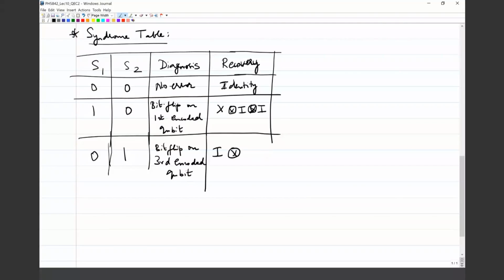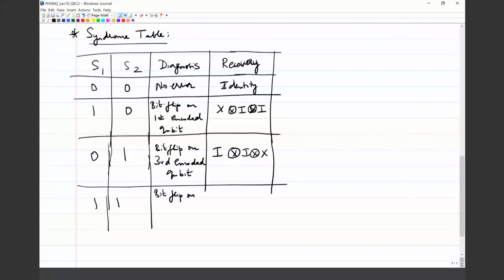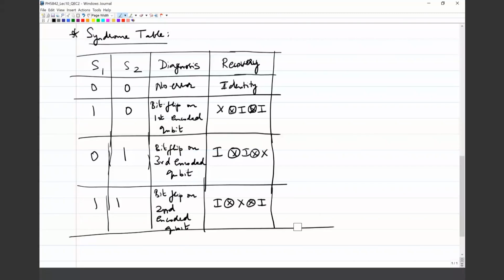And then the last one is just 1, 1, which is a flip on the second encoded qubit. This is identity, X, identity. Okay. So this table and the circuit together completely summarize what the 3-qubit bit flip code does, right?